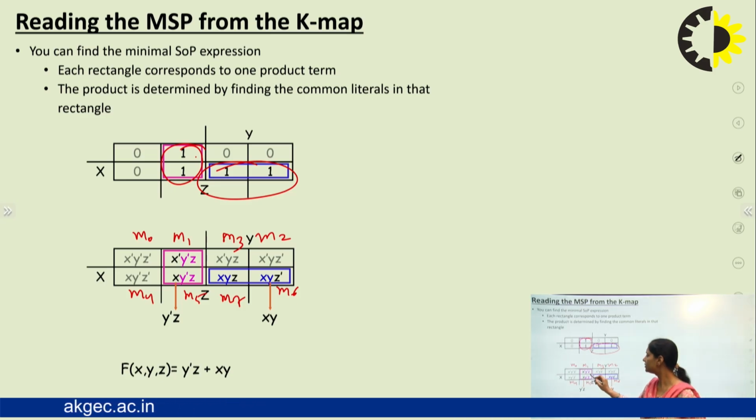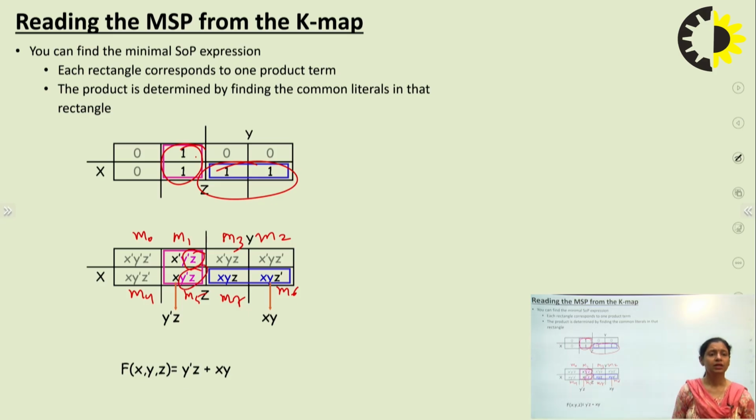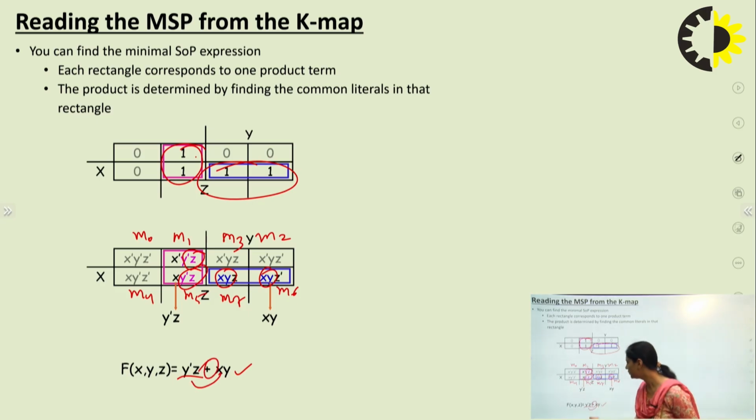The common literals over here are y complement z. So the actual answer will contain y complement z. If we talk about these two, here we have the common literals x, y in both of them. So the final output will have xy. Because this is the sum of products, these two terms will be combined together by a sum. So this is the minimal SOP form for this given K-map.